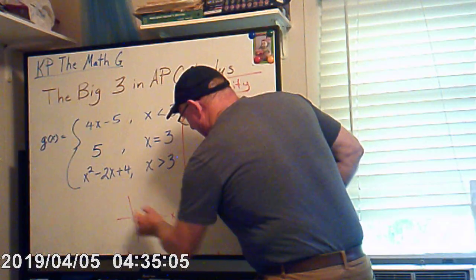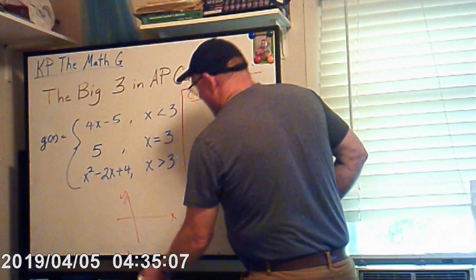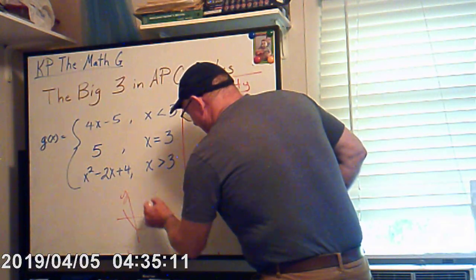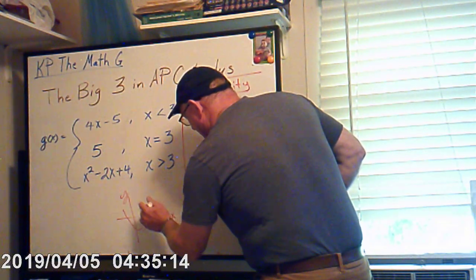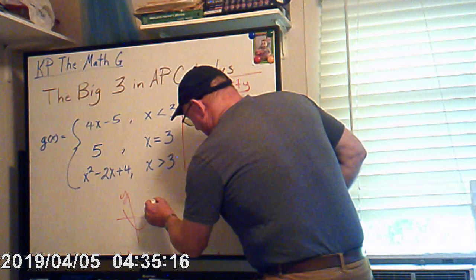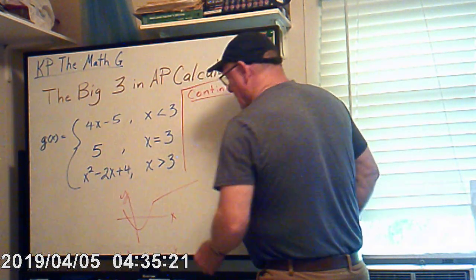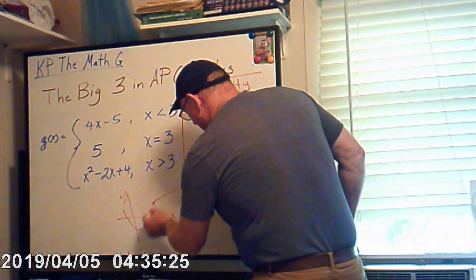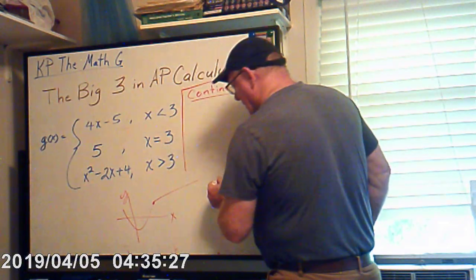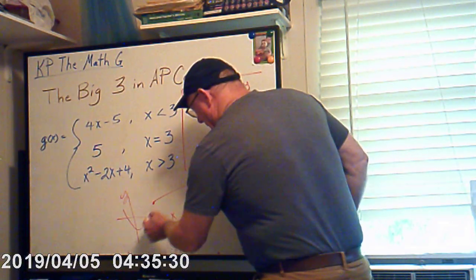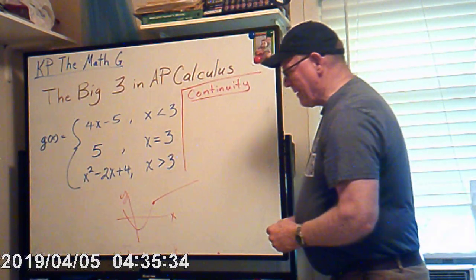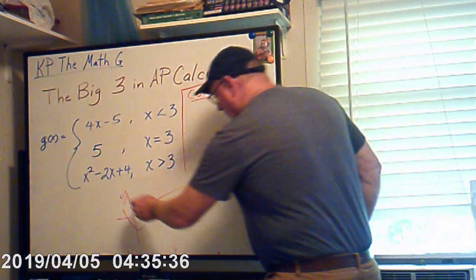When I talk about continuity, let's say we've got this curve here, and we've got this line that comes through somewhere, and it's kind of going out like this, and there's a point somewhere. Is this continuous? This is continuous, but is this continuous? Okay, this is a piecewise function.